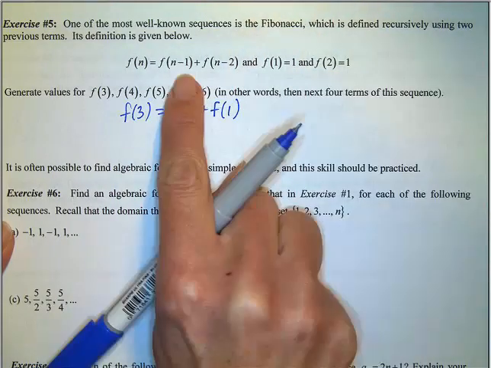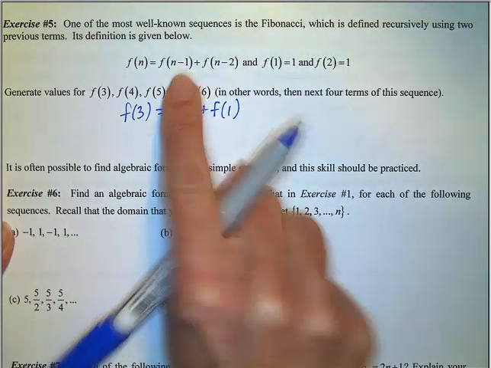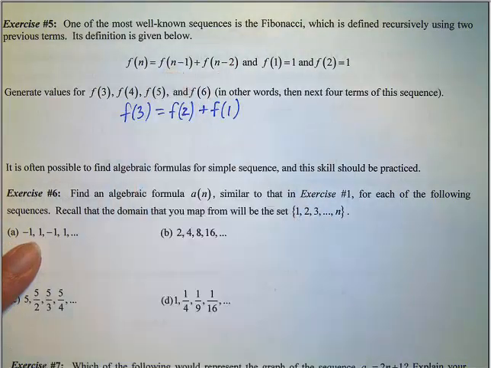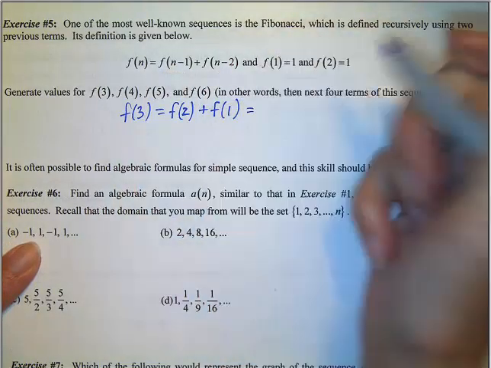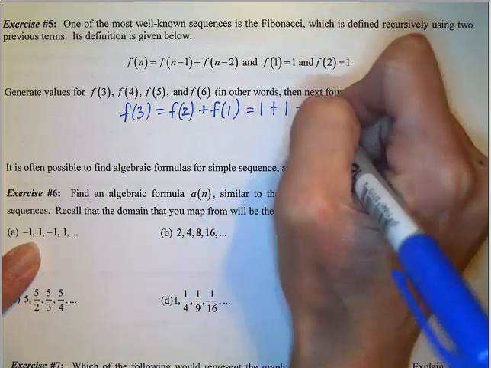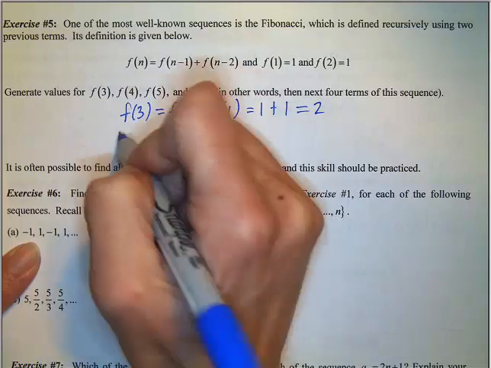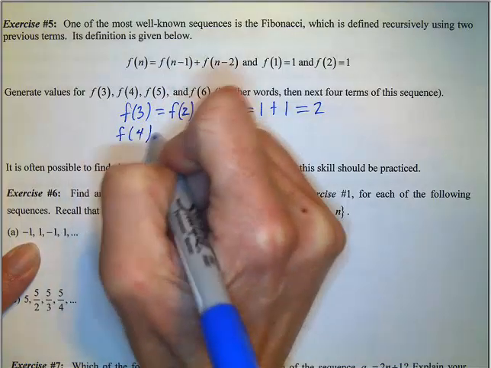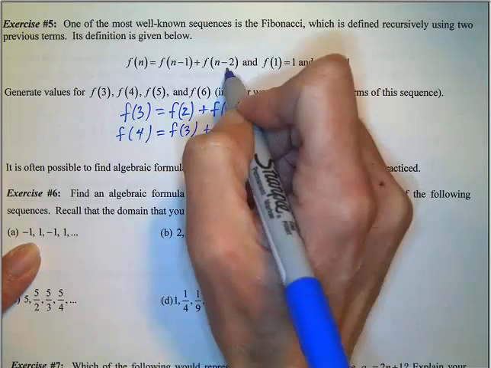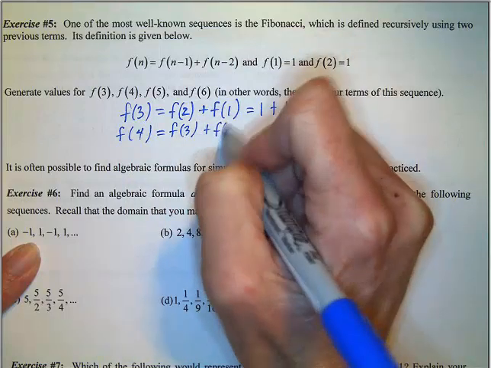So this means the term below it and two terms below it, or two previous terms. So our answer to f of 3 is 1 plus 1, which is 2. Now f of 4 equals the previous term, f of 3, plus the second previous term, f of 2.